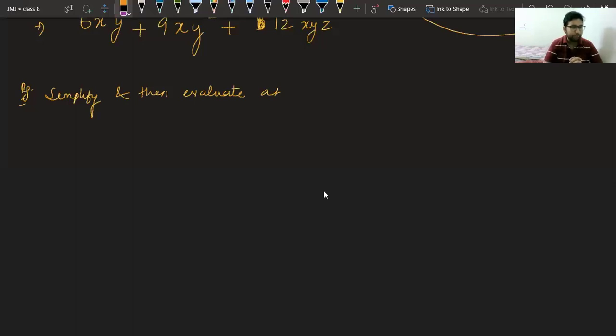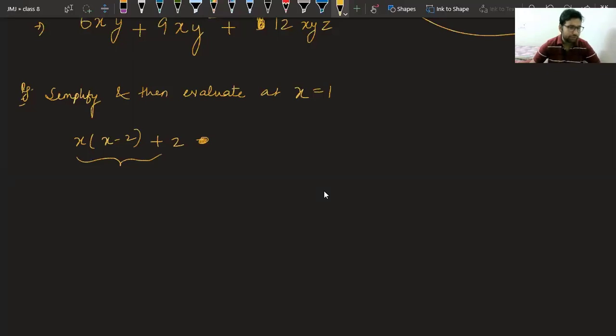And please ask. Okay. Simplify and then evaluate at x is equal to 1. The question is x into x minus 2 plus 2 is equal to, that only. We have an expression x into x minus 2.